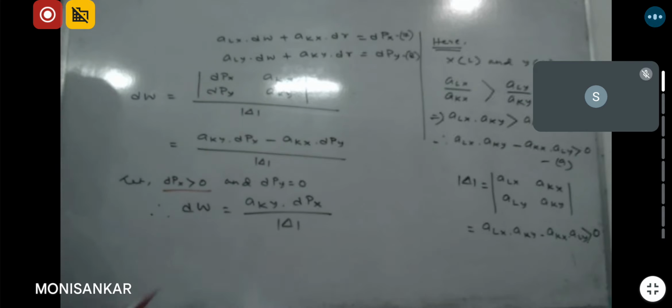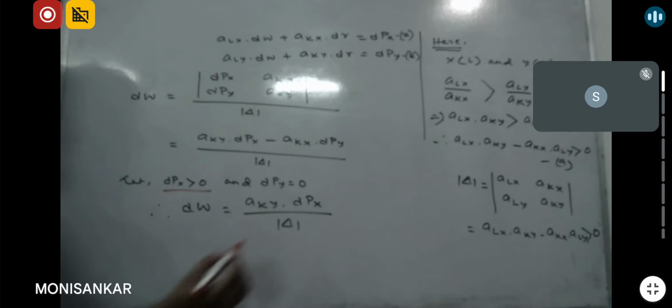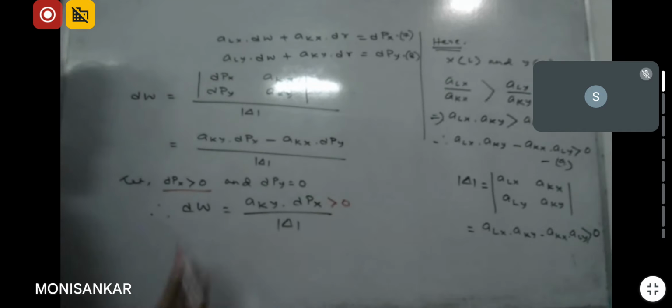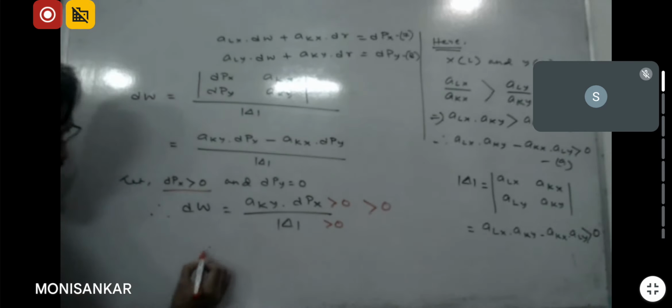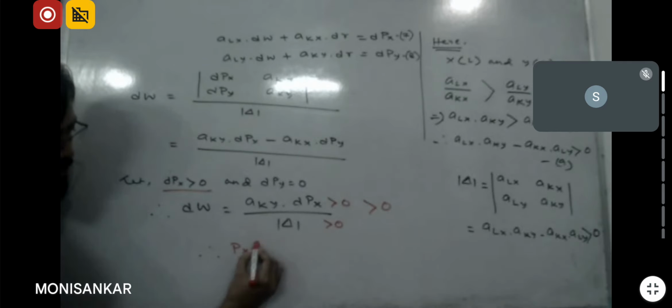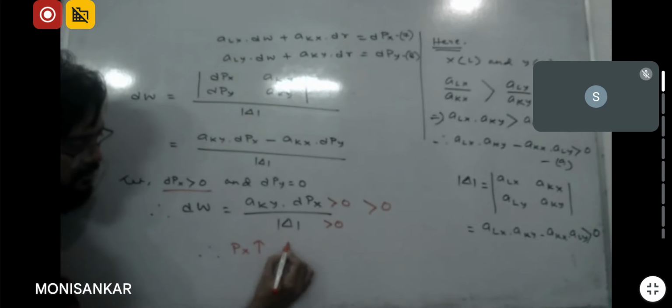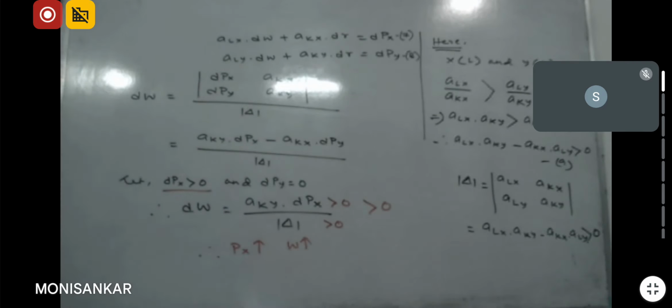And Aky positive or negative? Positive, because it is the capital for 1 unit of Y. So this one is greater than 0, divided by delta. So therefore, when Px rises, W rises. Price of X rises, so ultimately W rises.